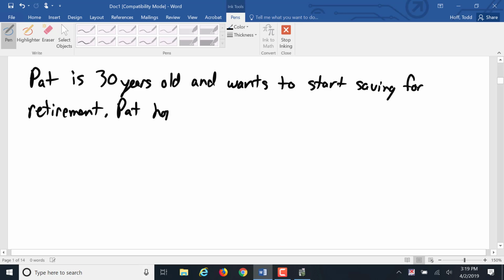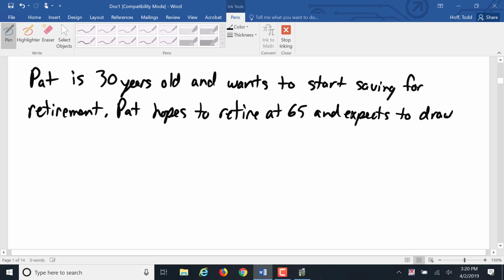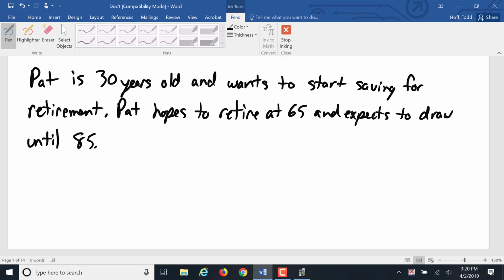Pat hopes to retire at 65 and expects to draw until 85. This is a short way of saying the life expectancy based on family history and other factors is 85.